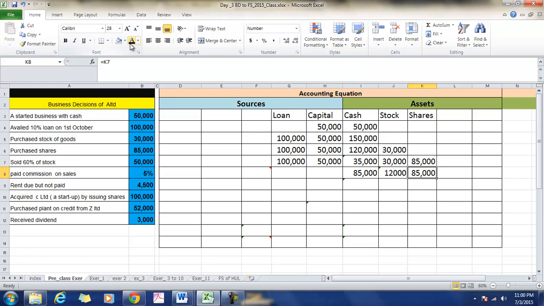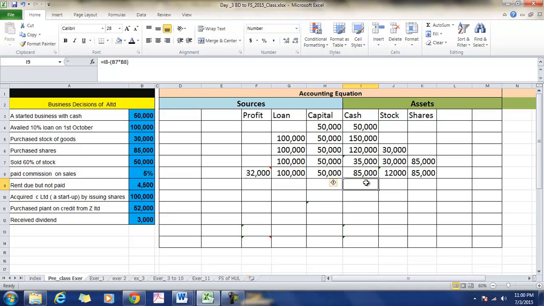No change in the shares, no change in the capital, no change in loan, but a new source comes into the picture called profit, and for the time being we treat the profit to be retained, so profit stays in the company, and this profit is determined as sales, which is 50,000, minus cost, which is 18,000.